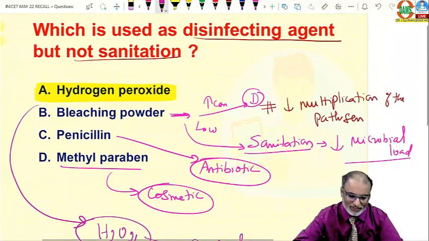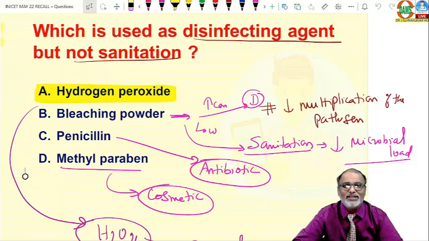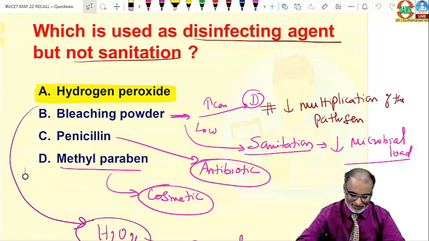It is not a sanitizer. It massively destroys the pathogens, massively. So among the 4 choices, hydrogen peroxide is a perfect disinfecting agent. We can't call it a sanitizing agent. Got it? Right.